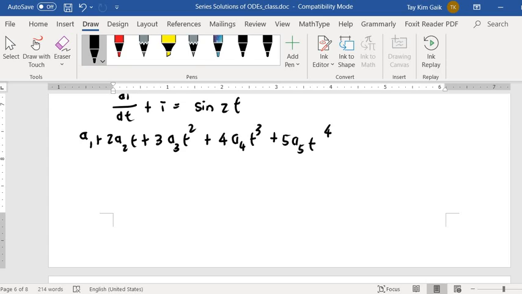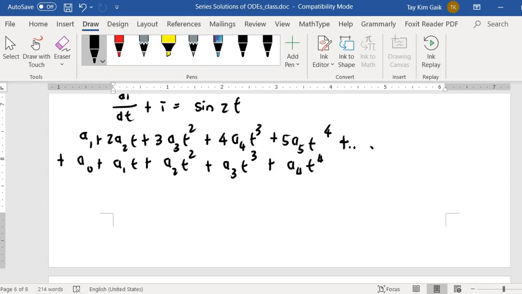Okay, plus with the y I have put it here: a0 plus a1 t plus a2 t squared plus a3 t cubed plus a4 t power 4.